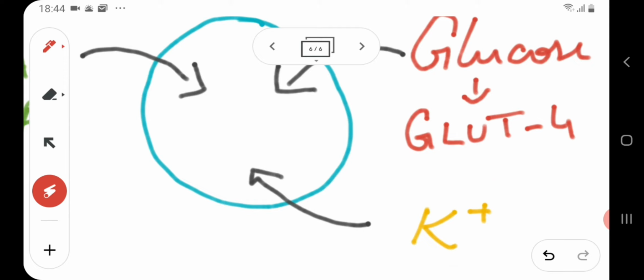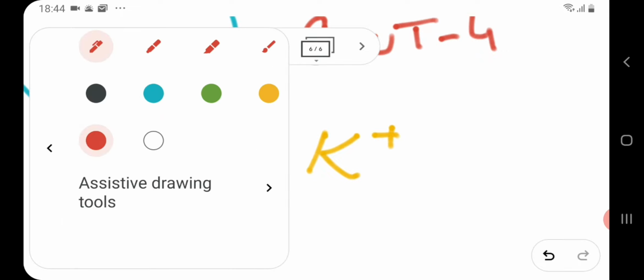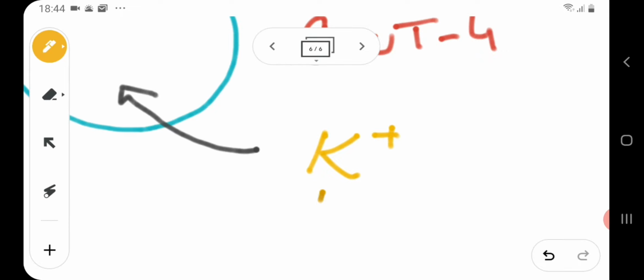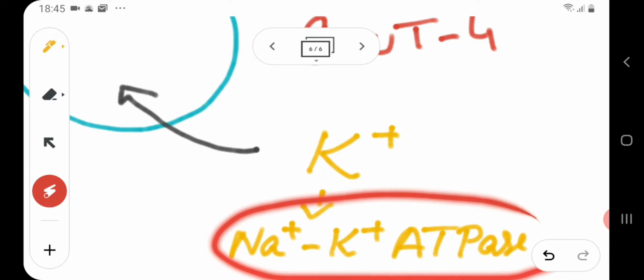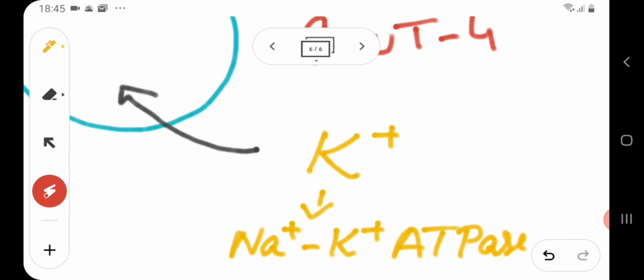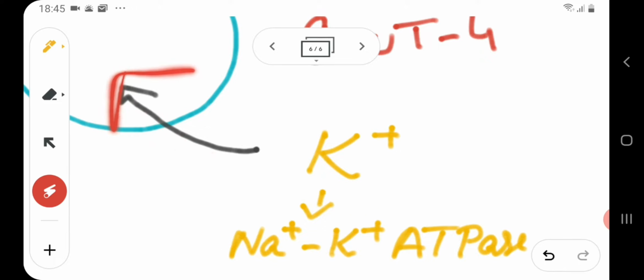Insulin also enhances the entry of potassium into the cell, and how this happens is through the sodium potassium ATPase. So insulin increases the activity of sodium potassium ATPase, thereby facilitating the entry of potassium into the cell.